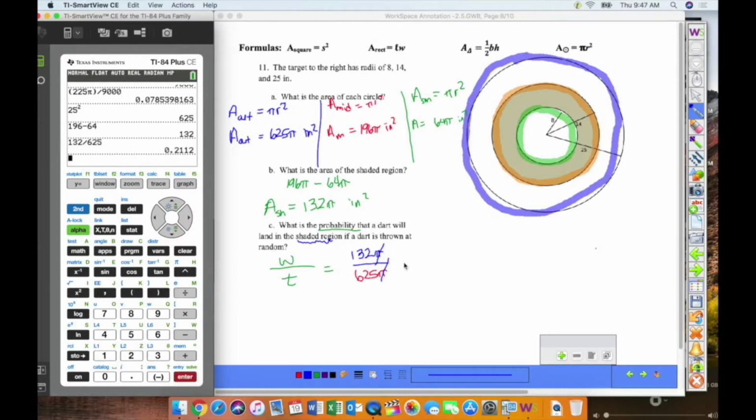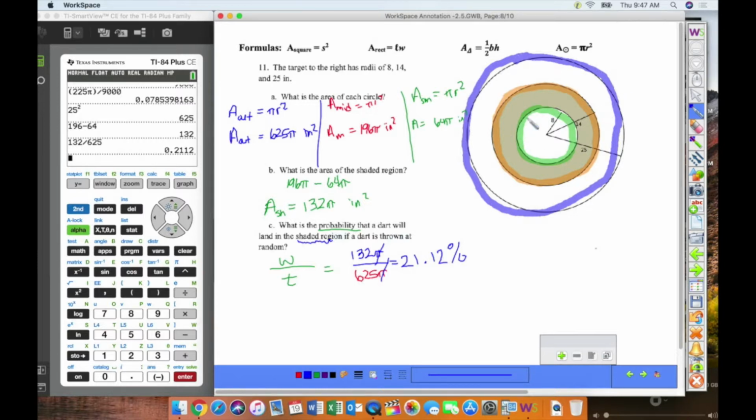So that is about, let's just keep that exact since it came out so nice. This is nice and clean. So it's, sorry, I want an equal sign, 21.12% chance, because we moved that decimal 2 places to the right, and since that's nice and clean, I didn't even round it off. So that's the probability that a dart that's guaranteed to hit that.